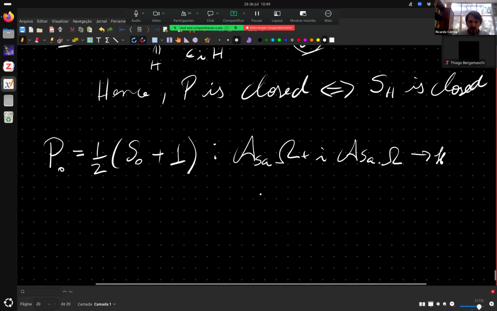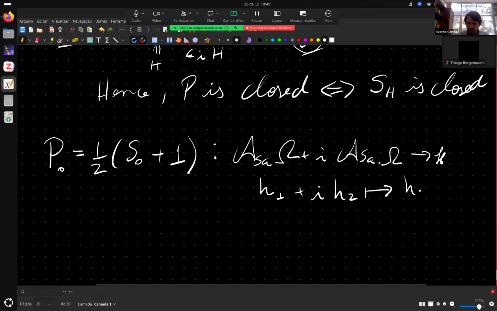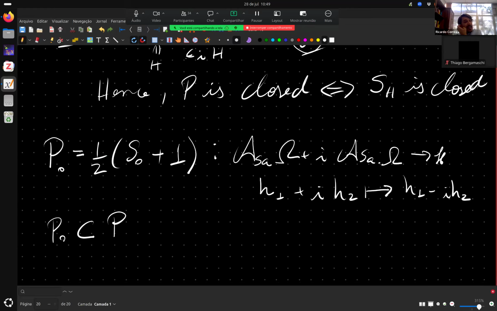And when you act with a vector of the form h1 plus I h2, it gives you exactly the same thing, or minus. And therefore, P0 is contained in P. So P0 is definitely closable, because there is a closed projection which contains P0. So S0 is in fact closable.